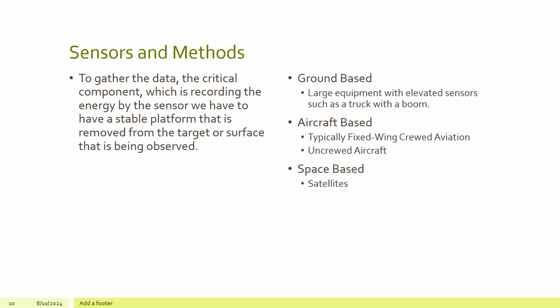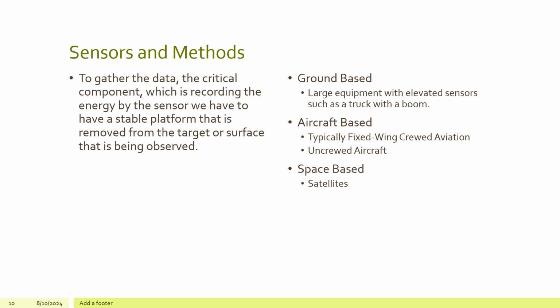Now, to gather the data, a critical component is to have the recording of the energy done by a sensor that has a stable platform that's removed from the target or surface being observed.